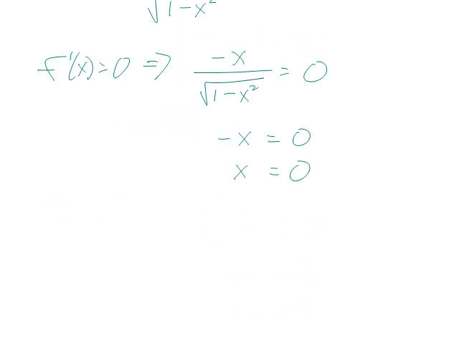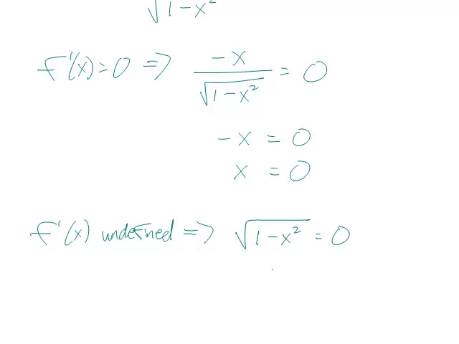Well, one thing to look at is the denominator: what if f prime of x is undefined? That means the denominator is equal to 0, or 1 is equal to x squared, so x is equal to plus or minus 1.